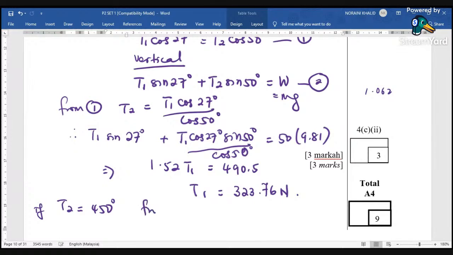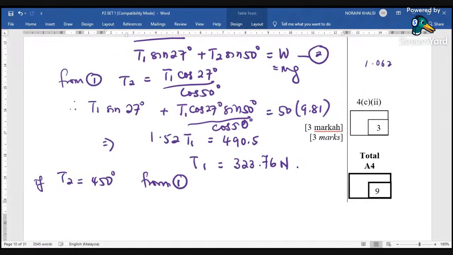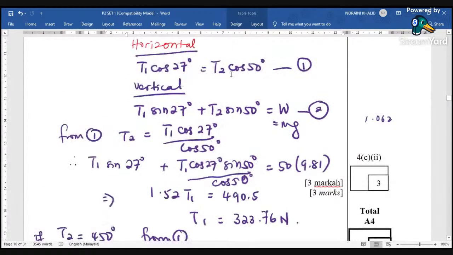So from 1, I just show you here if T2 is not given, but in this question T2 is already given. If T2 is not given, you can use this method. If already given, then we just use equation 1 to find it.